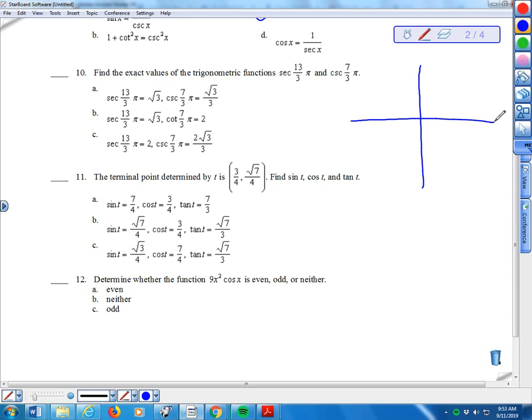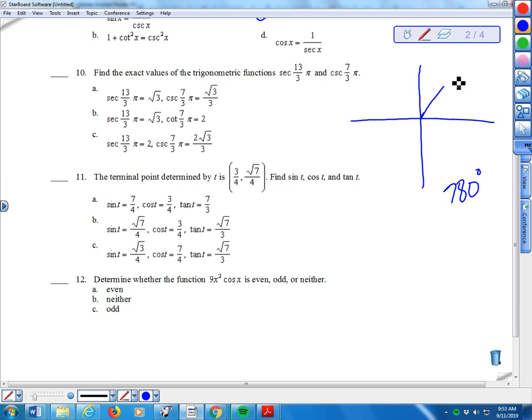13 over 3 pi is what? 180 over 3 is 60, times 13, so that's 780 degrees. Okay, so 780 degrees, if I subtract 720, that's 60.